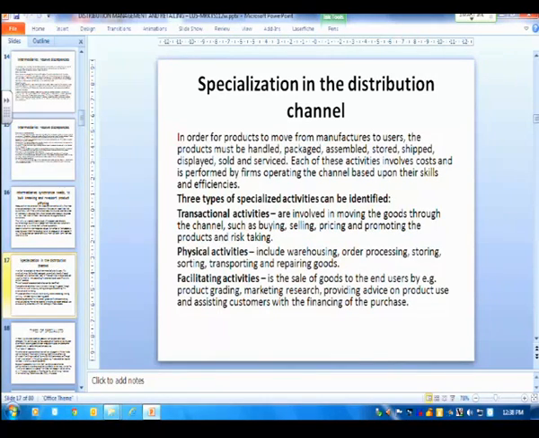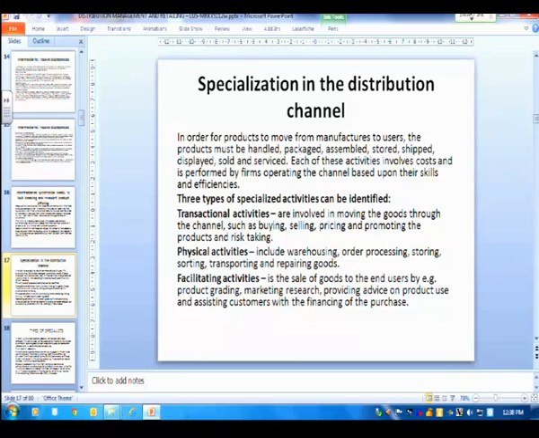Let's look at the three types of specialized activities that can be identified. The first one is transactional activities. These are involved in moving the goods through the channel, such as buying, selling, pricing, promoting the products, and risk taking.